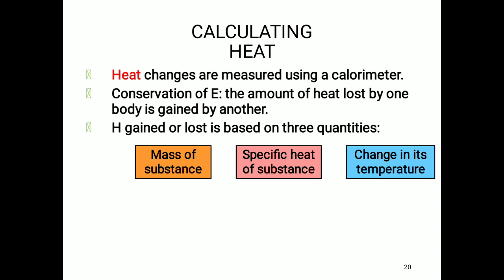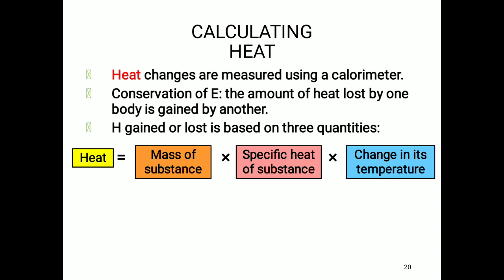If two bodies come in contact, one hotter and one cooler, then the amount of heat lost by the hotter body is equal to the amount of heat gained by the cooler body. So heat gained or lost is based on three quantities. Heat equals the mass of the substance times the specific heat of the substance times the change in its temperature.